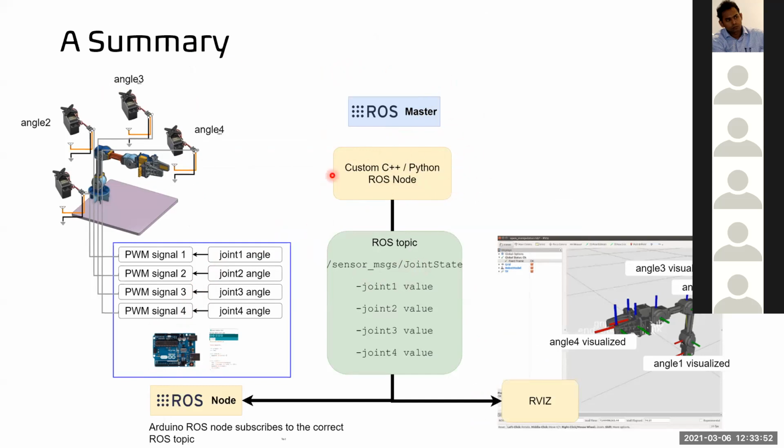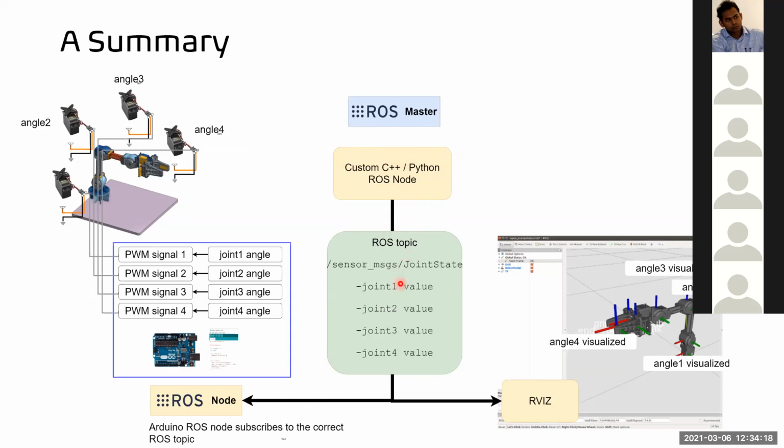You'll have your algorithms written in C++ or Python, or else you can use GUI-based visualizations, or you can use the MoveIt environment as Sakuna mentioned. Anything can give commands in this ROS environment, and it will be very easy to interface any other custom nodes, or any other nodes.